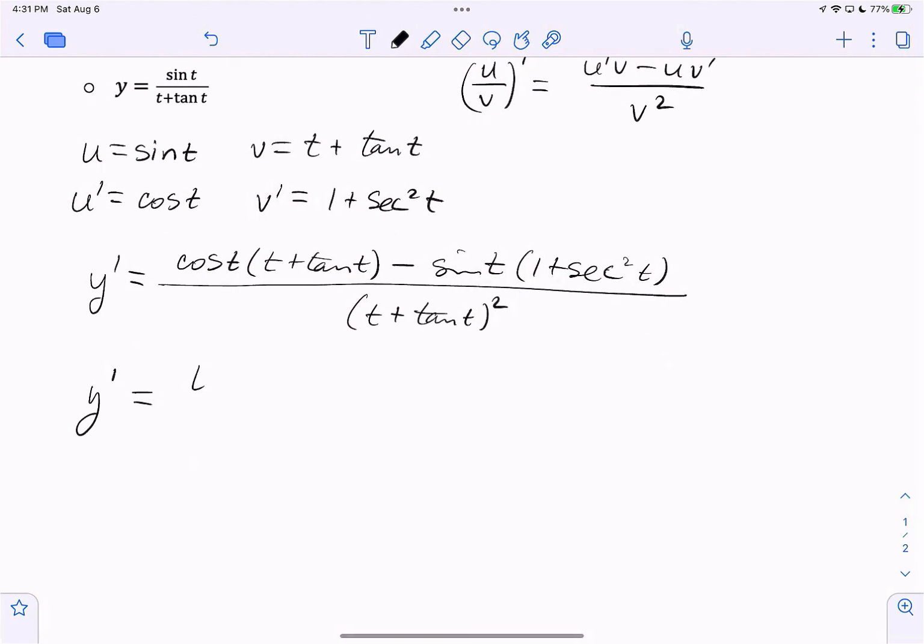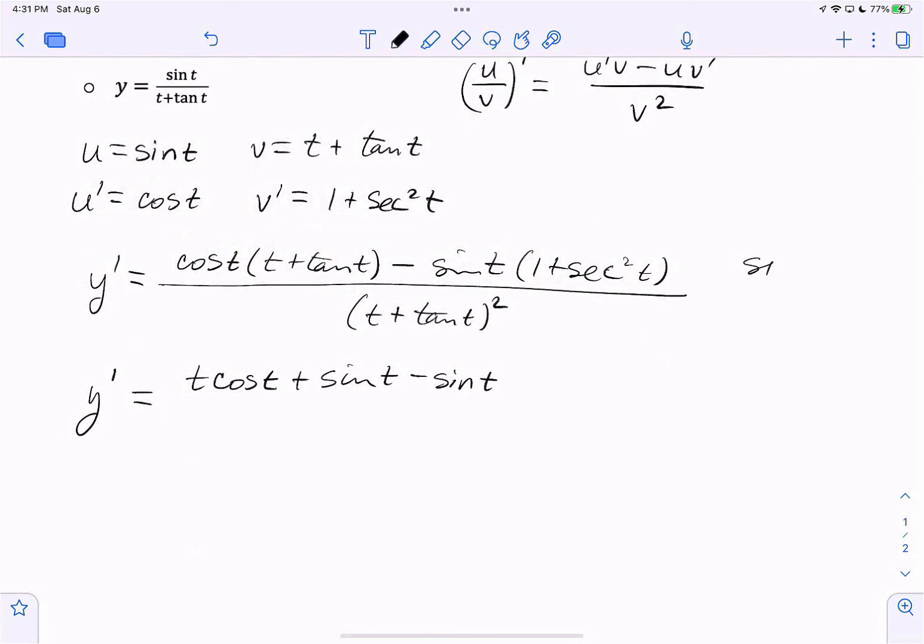We start with t times the cosine of t plus, and I'm of course distributing the cosine of t into t plus the tangent of t. The tangent of t is the sine of t over the cosine of t. The cosines divide out, and I'm left with the sine of t. Then I have negative sine of t times 1, so minus the sine of t, and I can see that this simplifying is going to pay off because those are going to subtract out.